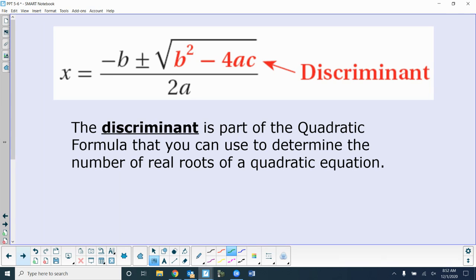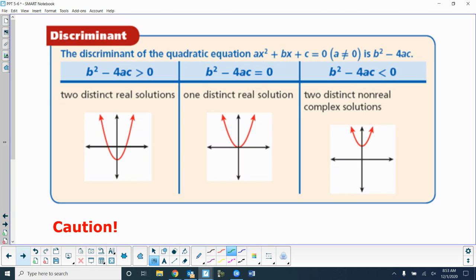The three possibilities are 2 real solutions, which these 2 examples we just did were. 2 non-real solutions, that's when you got a square root of a what? Negative. Okay, you'll get some negatives under there. That's okay. Just put it in simplest radical form like we did last week. Okay? Or you'll have 1 real solution.